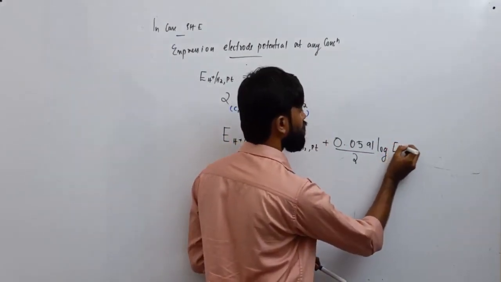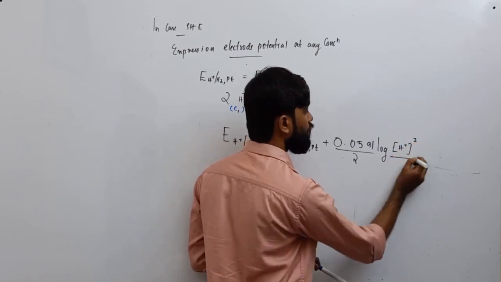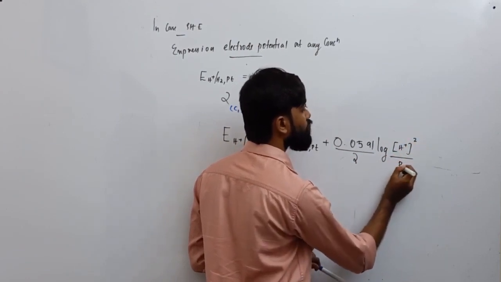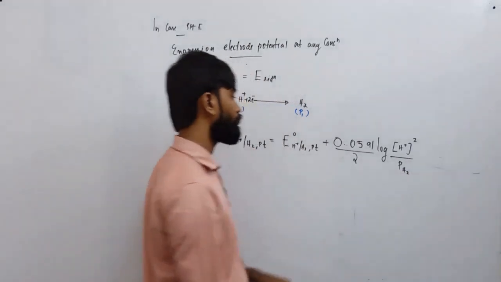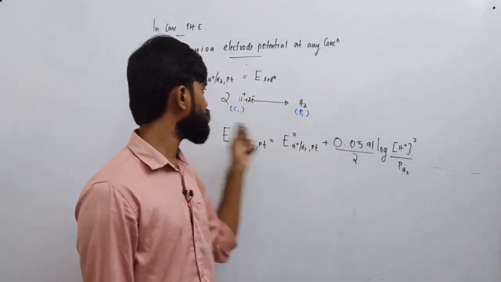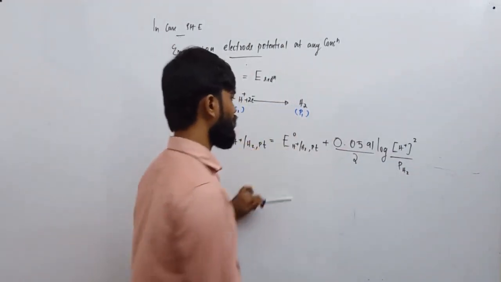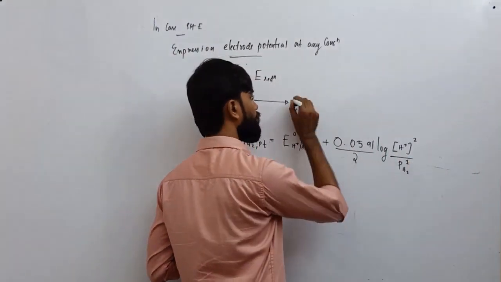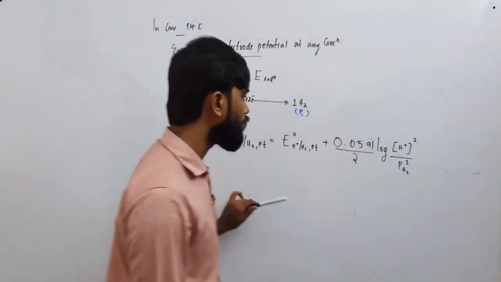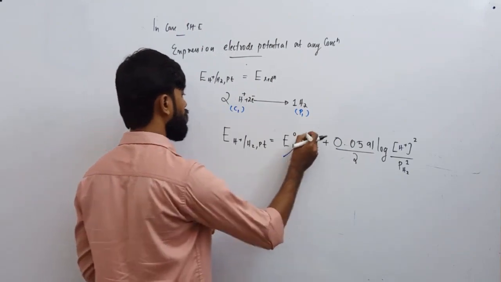The reactant is concentration of H plus squared, divided by the product, partial pressure of H2. Why the square? Since 2 is here. So partial pressure of H2 raised to 1 is required because the coefficient is 1. So this is the expression.